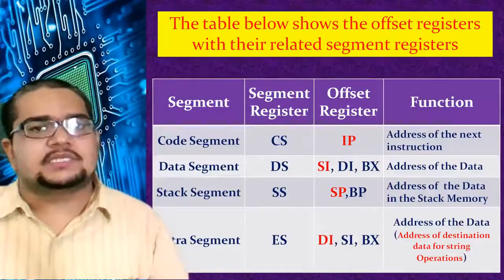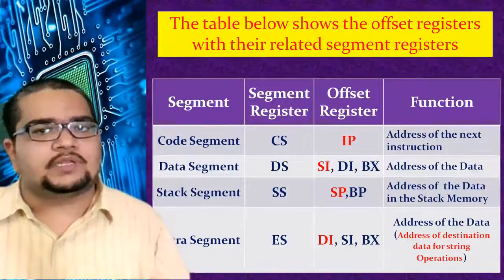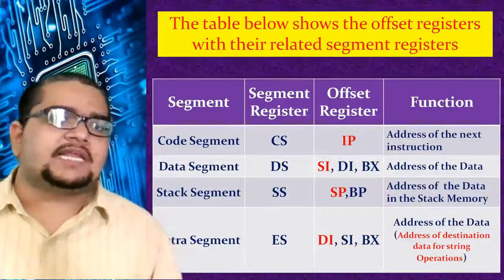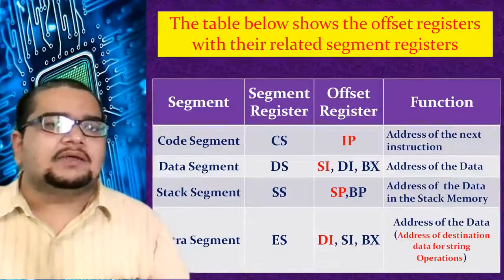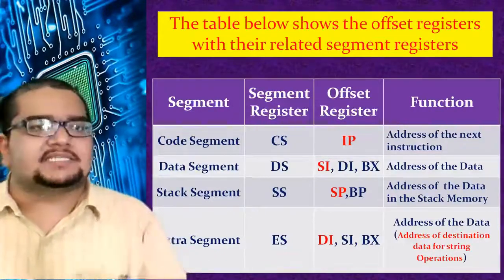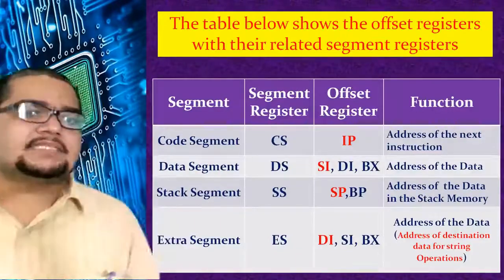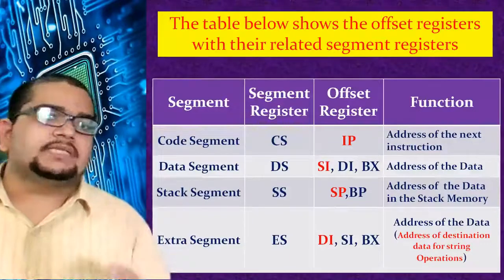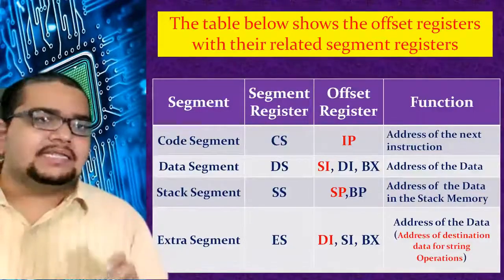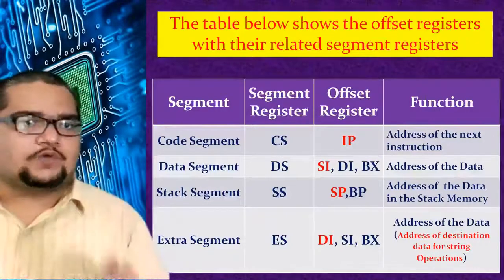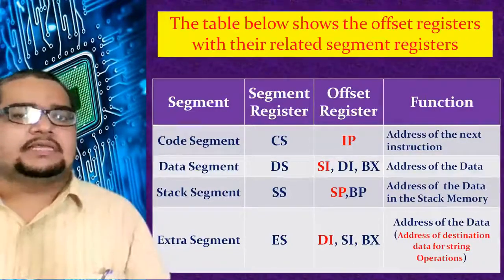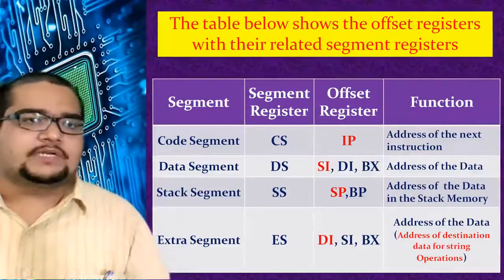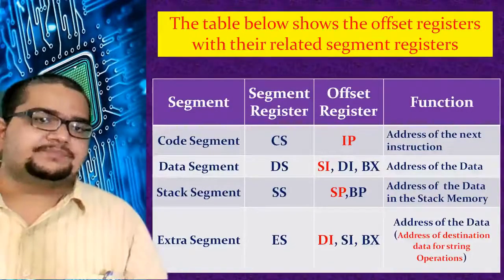In some exceptional cases, the BP register is also used: stack pointer in general cases and base pointer in some special cases, that means the base addressing modes will use this. When the extra segment memory is accessed, the ES register is used for holding the segment address, and DI generally will be used for holding the offset address of that memory. In some exceptional cases, again, SI and BX can be used for holding the offset address in the case of extra segment memory.